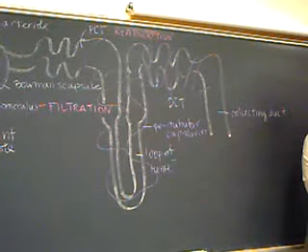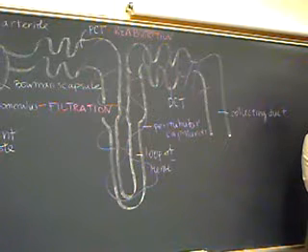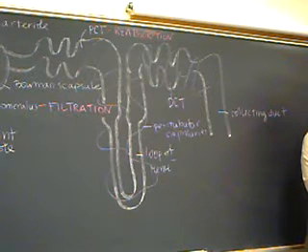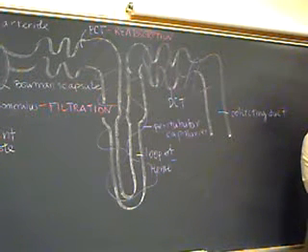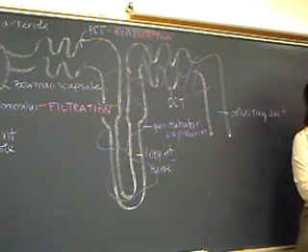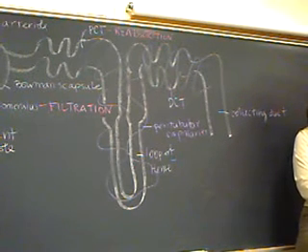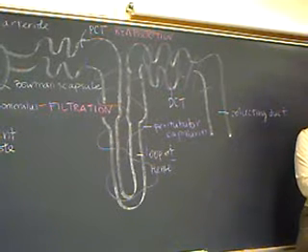Water and glucose, chloride, bicarbonate. What item is reabsorbed at the PCT that does not have to be coupled with sodium? Amino acids, good. So we've got a number of items that are coupled with sodium, but amino acids do not have to be coupled with sodium.